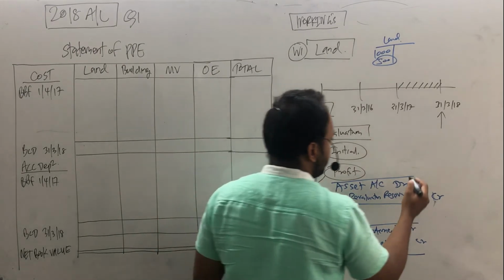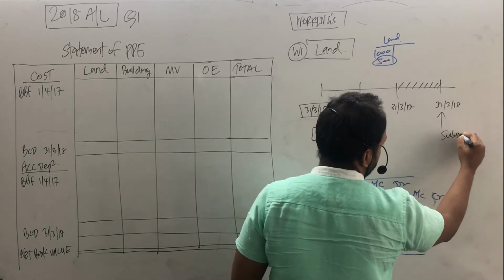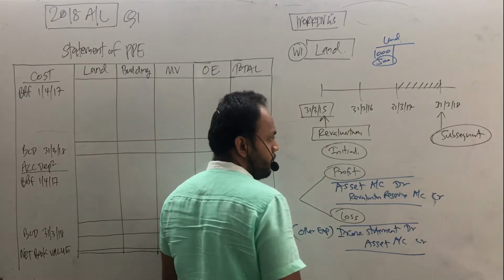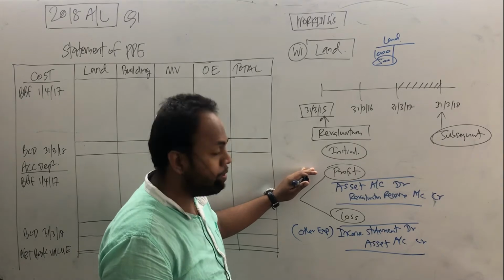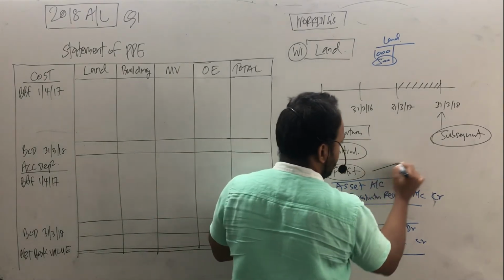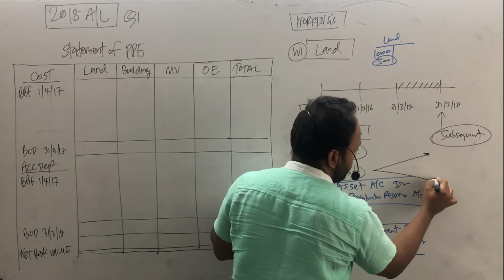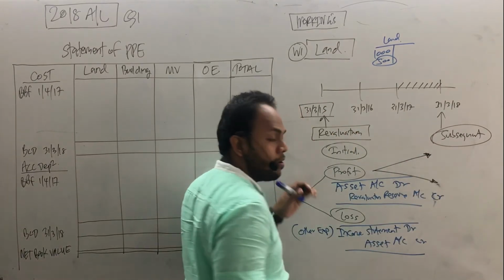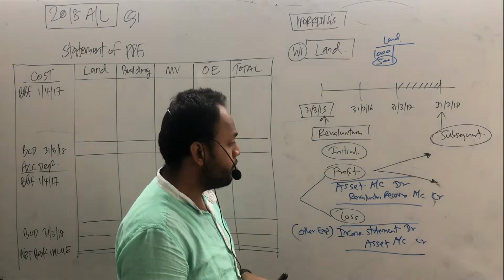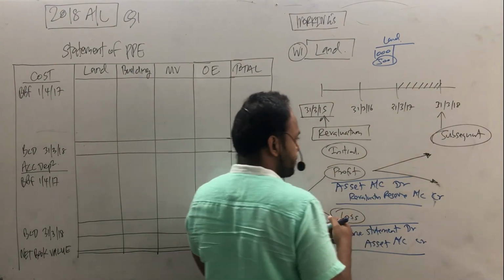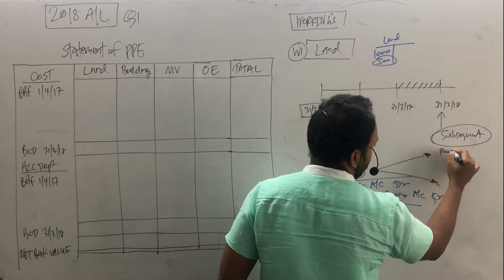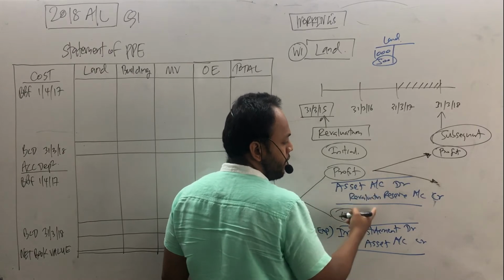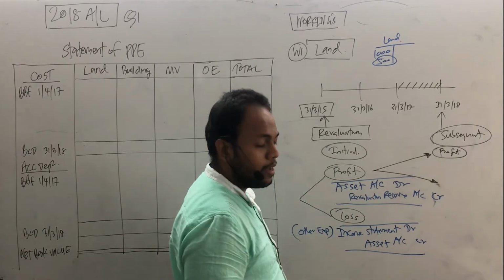Then if you take the subsequent revaluation, if initially you had a profit, then the subsequent can be a profit or a loss. If it is a profit, same double entry: asset account debit, revaluation reserve account credit.